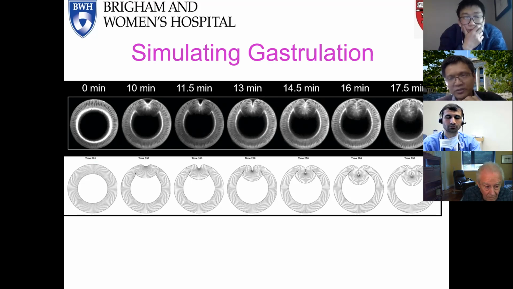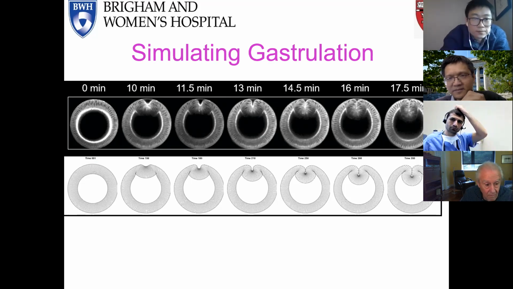And the second is the change of mechanical properties, which we're still working on, because we found some interesting phenomena in the mutants, and we suspect that the mechanical properties may be different. So that's why we also want to change the mechanical properties and see whether we can replicate that. But that's still work in progress.